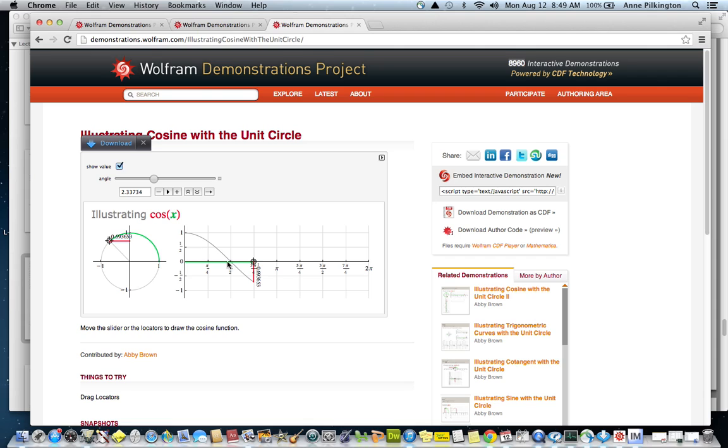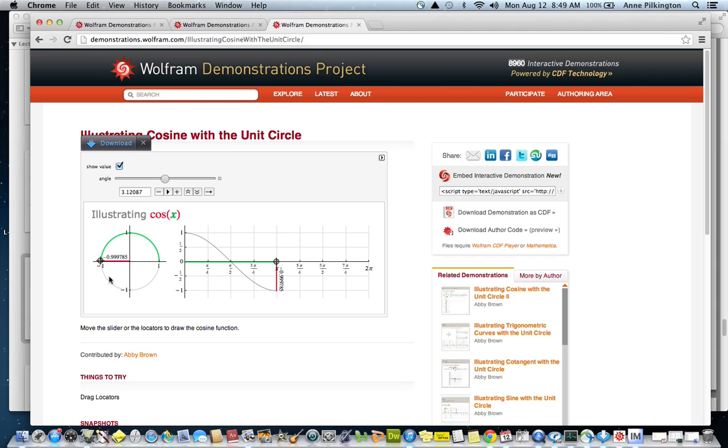But because it's negative, the number itself is decreasing, and gradually it decreases until it hits -1 for the straight angle pi. Right over here at the straight angle pi, cosine of pi is -1.